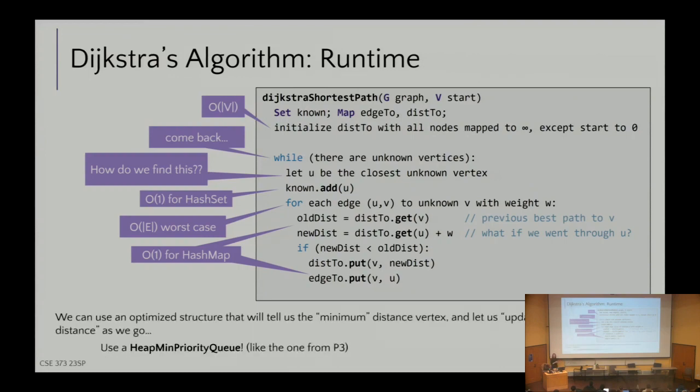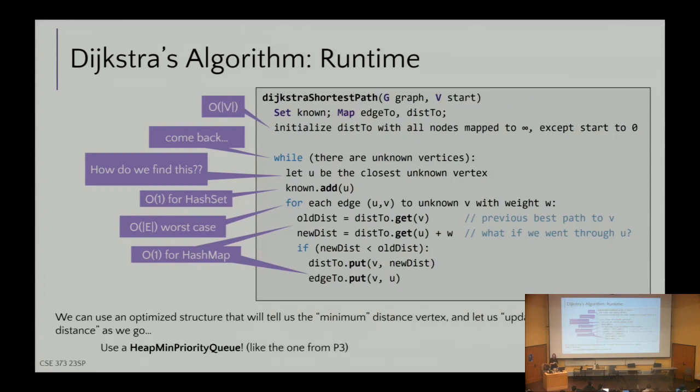We're going to use a heap minimum priority queue to store each of the unvisited vertices, and it will maintain at its overall root the one with the smallest priority or the smallest distance. So every time we get in the loop, we just remove min off of a min heap.